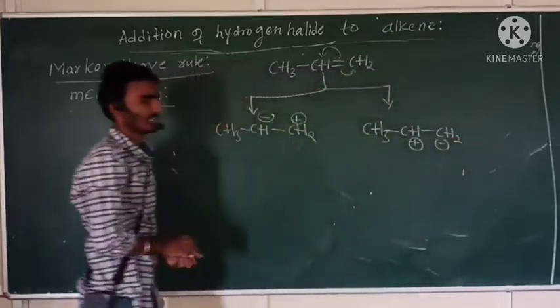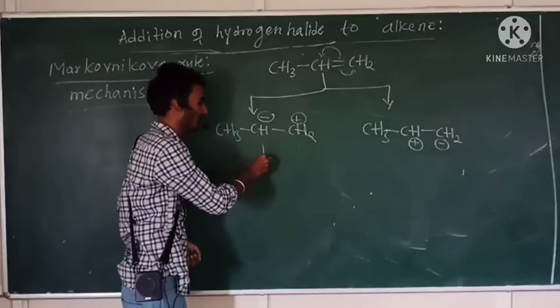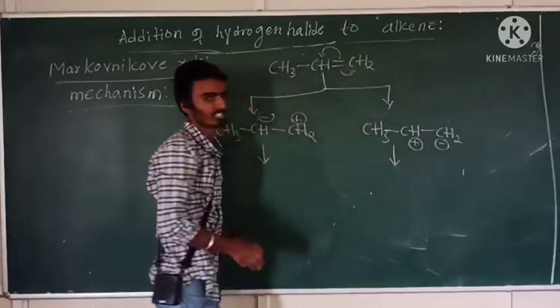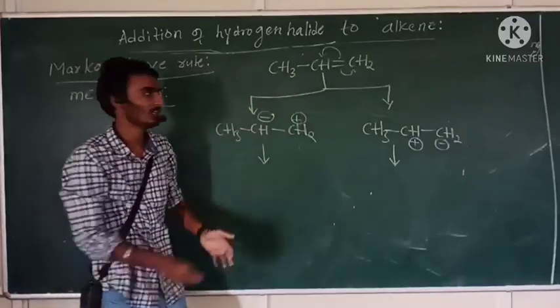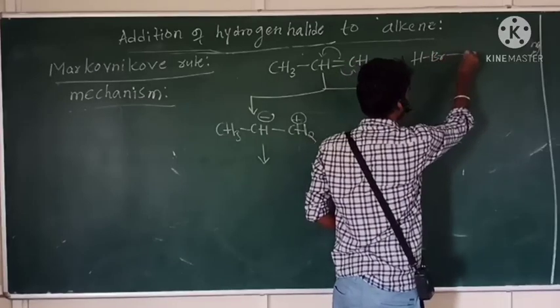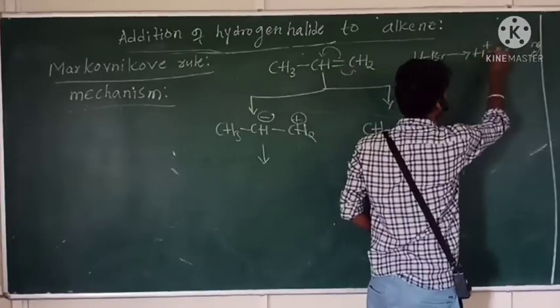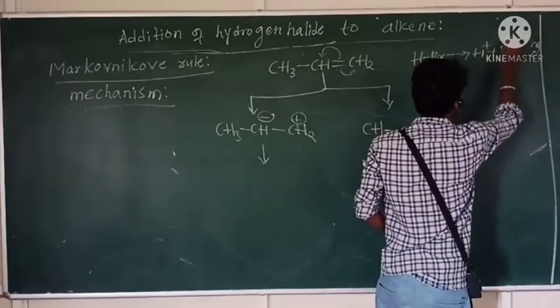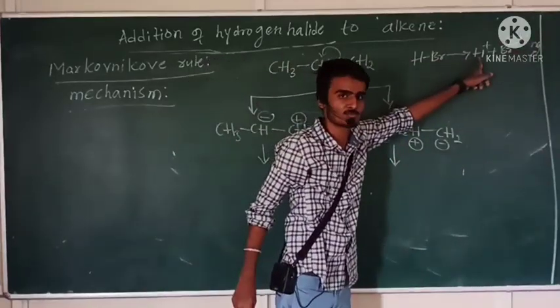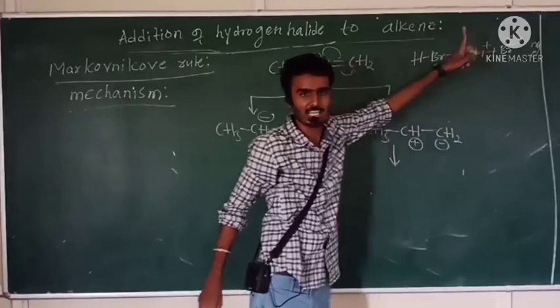Next, addition of the electrophile. What is an electrophile? That which accepts electrons is called an electrophile. In HBr, there is H plus and Br minus. An electrophile is a positively charged species; H plus acts as an electrophile.